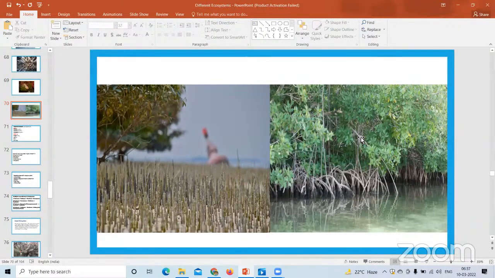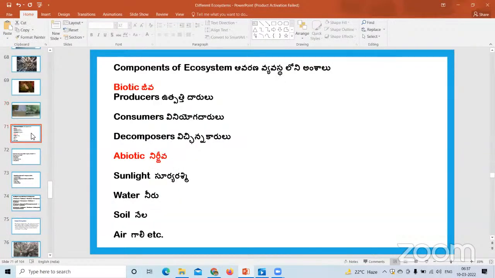Okay, children, in any ecosystem, we find these kinds of components. This is very, very important. In any ecosystem, that may be the forest ecosystem, the ocean, the sea, or any lake, we find these important components.